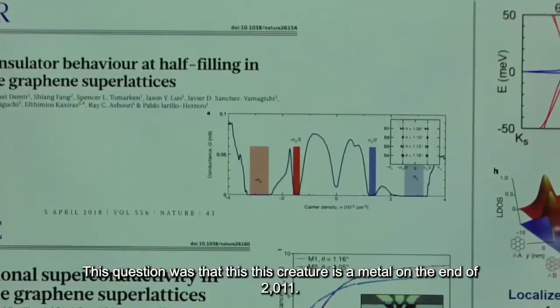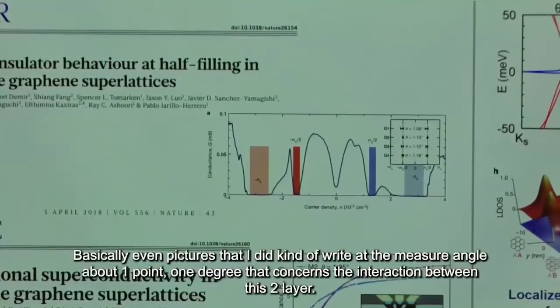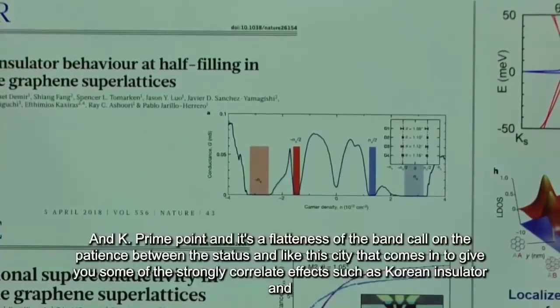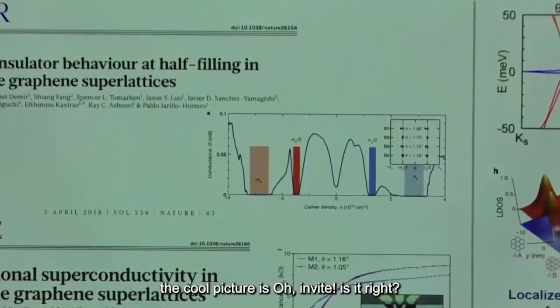Even in the very simplest single-particle picture, right at the magic angle of about 1.1 degrees, considering the interaction between these two layers, you can make a flat band sitting near zero energy at the K and K prime points. This flatness of the band promotes the interactions between these carriers, like the electrons and holes in the Landau level. That gives you strongly correlated effects, such as the correlated insulator and potentially the superconductor obtained from these correlated insulators, right?